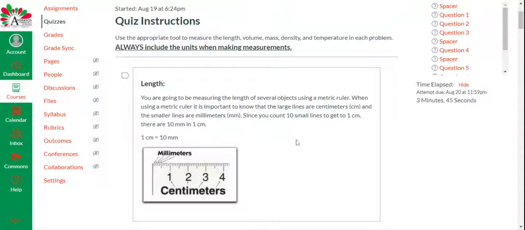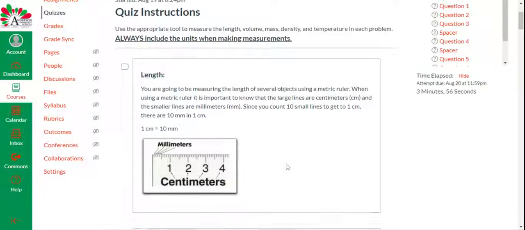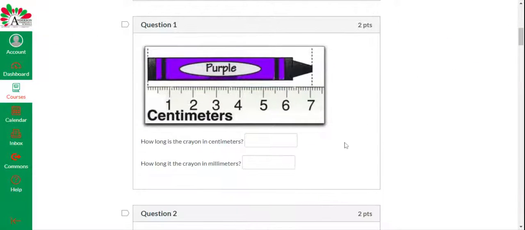So use decimals. If you have something in between 1 and 2, it's going to be 1 point whatever, like 1.3, 1.7. So when you were asked for the purple crayon, how long is the crayon in centimeters? I'm not asking for an estimate. We're not going to round. We're measuring. We want exact, accurate, and precise measurements.